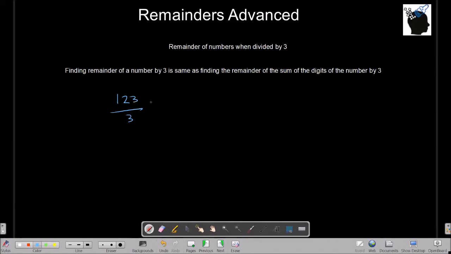What we are saying is the remainder of 123 by 3 is same as finding the remainder of sum of the digits. So 1 plus 2 plus 3 divided by 3, which is nothing but 6 divided by 3. That means 0 remainder. So if you have to find remainder of a number by 3, you just need to find the remainder of sum of the digits by 3, and that will give you the same remainder.